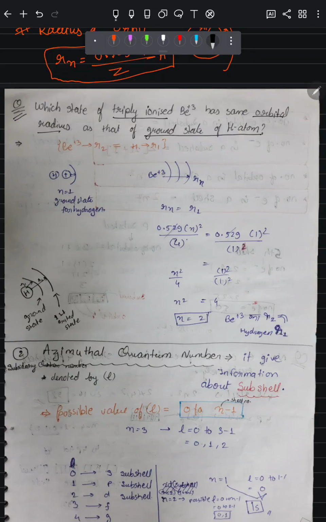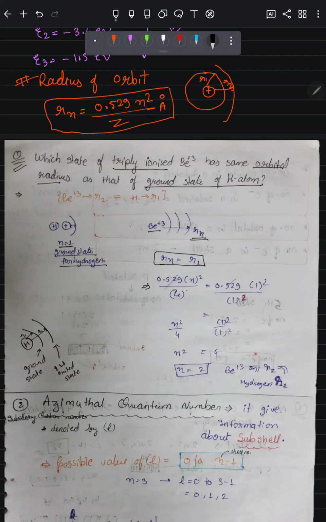As we know, for the hydrogen atom, n equals 1 for the ground state, and for Be3+ Rn is equal to R1, and we know the formula of radius just before, this formula.